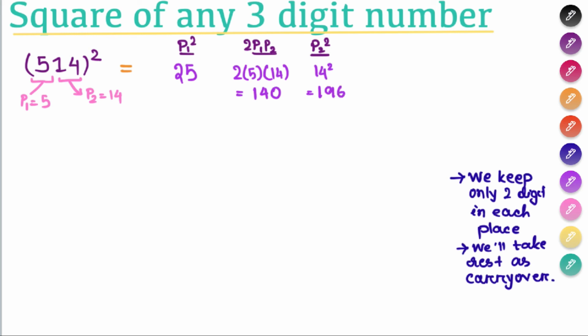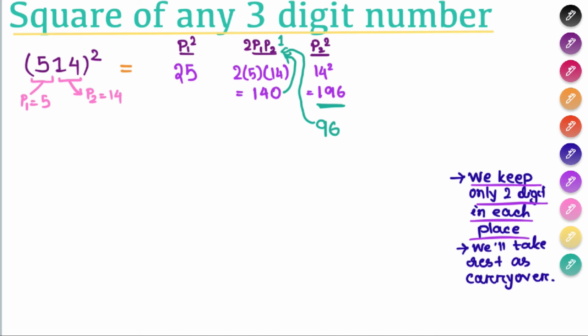Now we follow this rule that I have written in the right side, that we keep only 2 digits in each place. So here we have 196. We keep only 2 digits, that is 9, 6, and we will take 1 as carryover. Then here we have 140 plus 1, 141, because we had 1 as carryover.